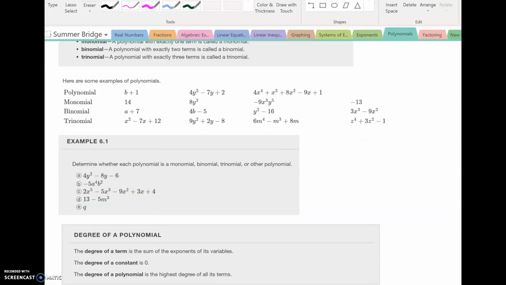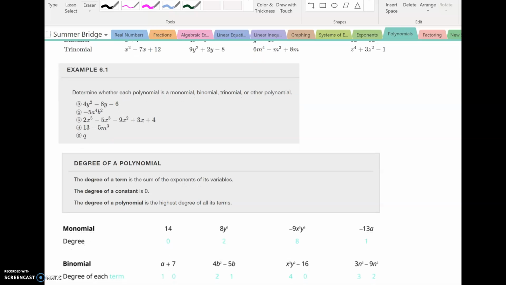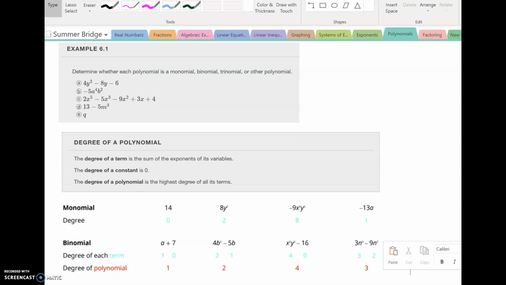So if we take a look here at our first example, we really need to determine whether it's a monomial, binomial, trinomial, or a polynomial. We need to say more than 3 terms. So I like to break it up if you can. So I have 1 term, 2 terms, 3 terms. This is a trinomial. Now here, I just have 1 term for b, so this is a monomial.